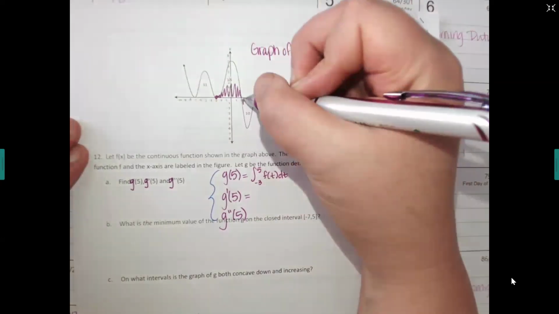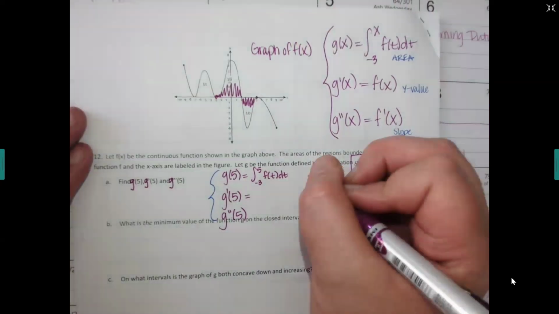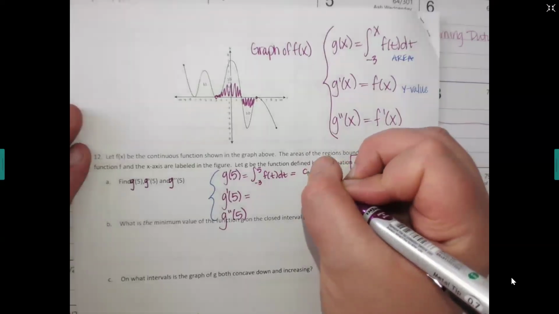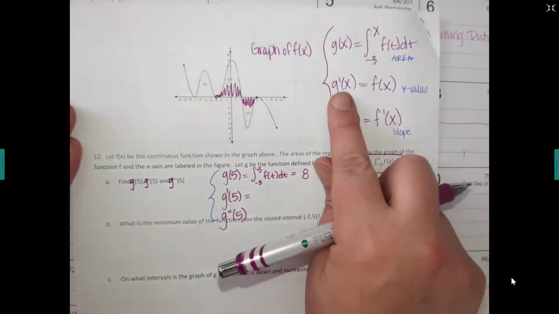We want all of that. What will the net area be? 8. Will I count it as a positive or a negative? It'll be positive because not only is most of the area above, but it also is already in the correct order.